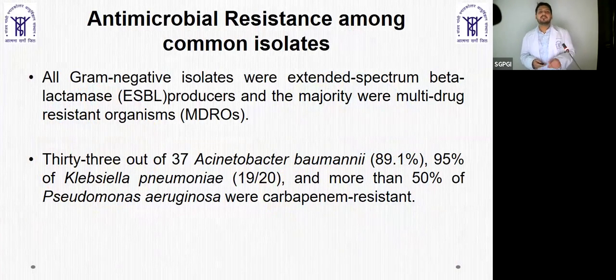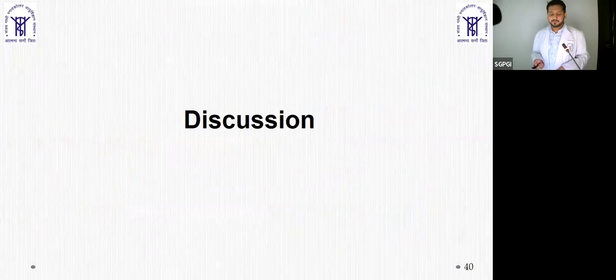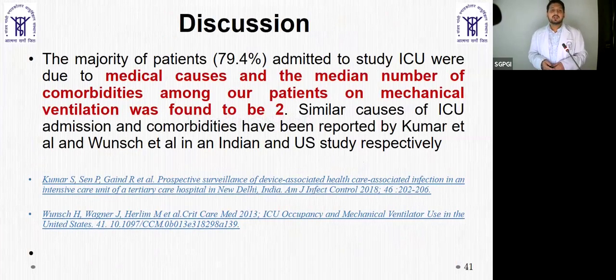All gram-negative isolates were extended spectrum beta-lactamase producers, and the majority were multi-drug resistant organisms. 33 out of 37 Acinetobacter baumannii, 95% of the Klebsiella pneumoniae and more than 50% of the Pseudomonas aeruginosa were carbapenem resistant.